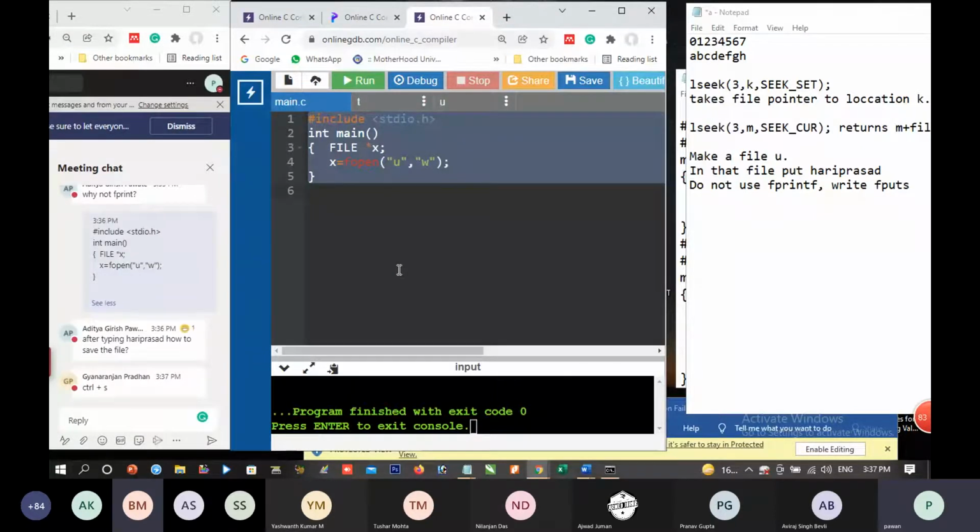No, Control S is not required. It has automatically been saved. Control S is not at all required. You typed it and it has been saved. Is this correct? Yes.